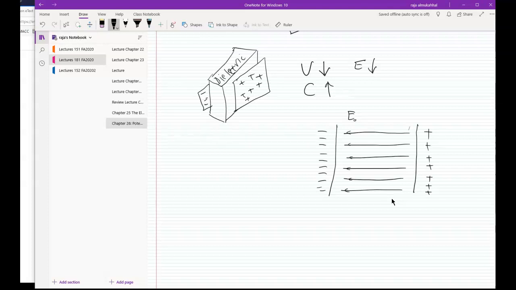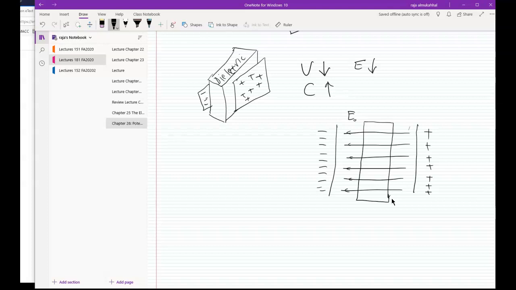Now I'm going to insert the dielectric. Remember, I'm going to insert it in such a way that it completely fills the space between the plates. But for the sake of drawing, I'm not going to have it completely filled because I need to illustrate it. So here is the dielectric. Now, this dielectric is an insulating material, say paper or wood or glass or plastic, or oil.